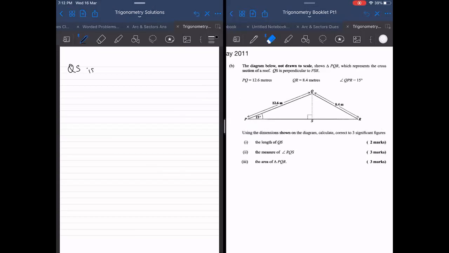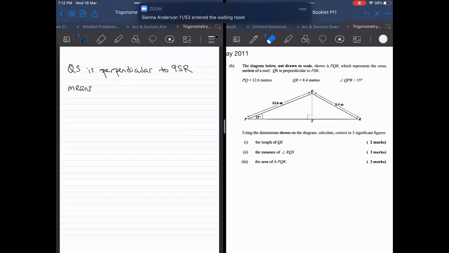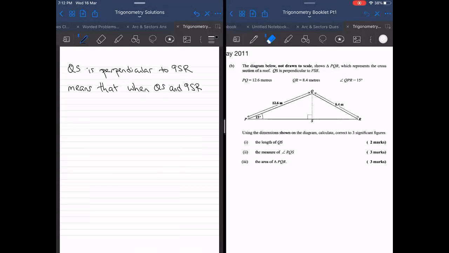QS is perpendicular to PSR means that when QS and PSR meet, they make a 90-degree angle.